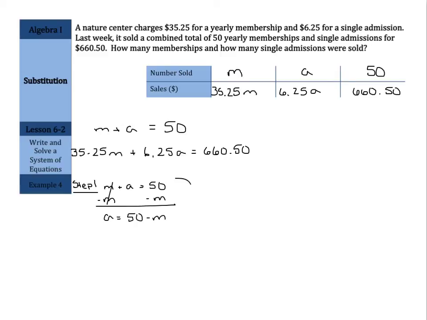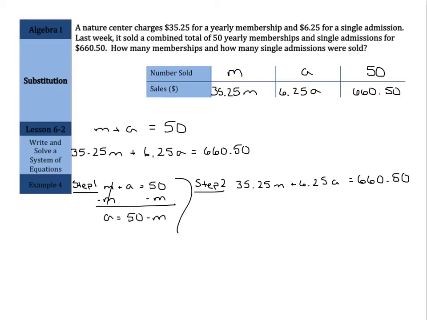Now, for step two, let's take our second equation, 35.25M plus 6.25A equals 660.50. We're going to substitute in: we have A equals 50 minus M, so we're going to put that in for A here.